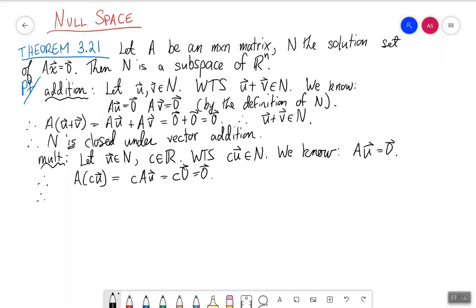Therefore, c times u is evidently a solution to Ax equals 0, and therefore is in N. And therefore, we can conclude N is closed under scalar multiplication.